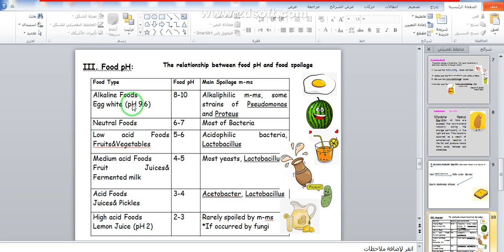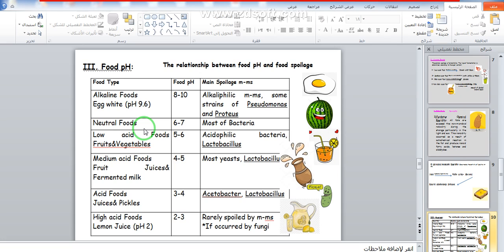So, alkaline food with a pH of 8 to 10, just like egg white with a pH of 9.6. The microorganisms which can spoil such food are alkalophilic microorganisms, such as some strains of Pseudomonas and Proteus.